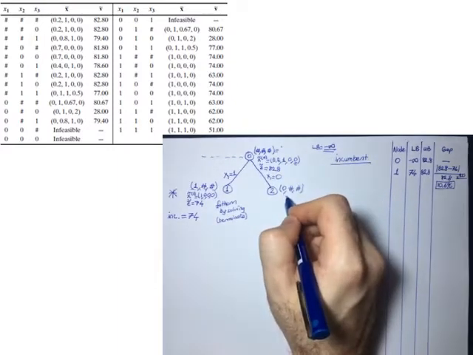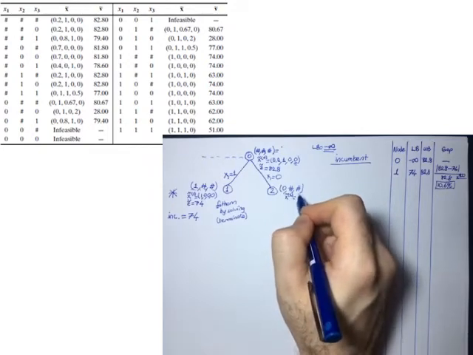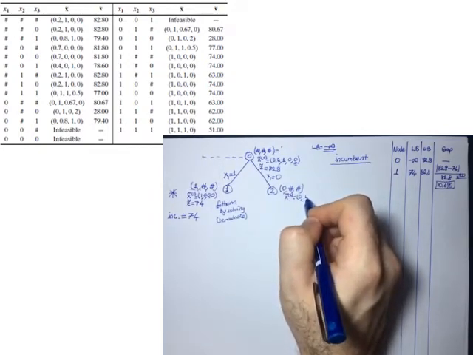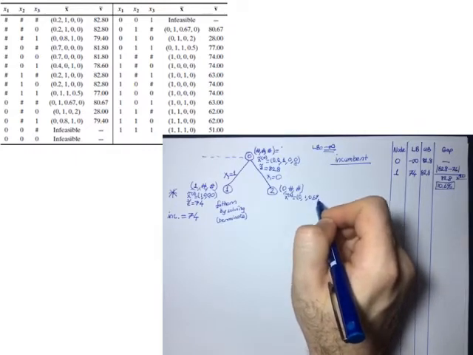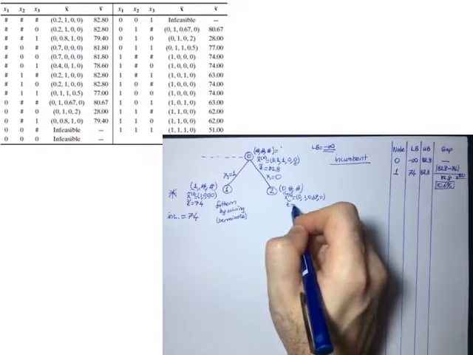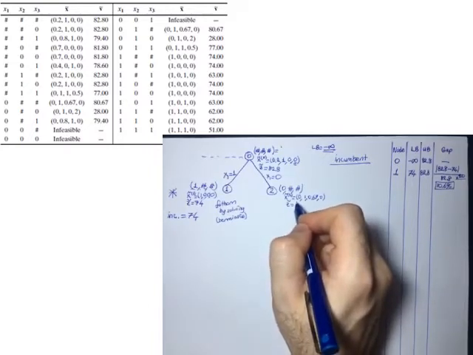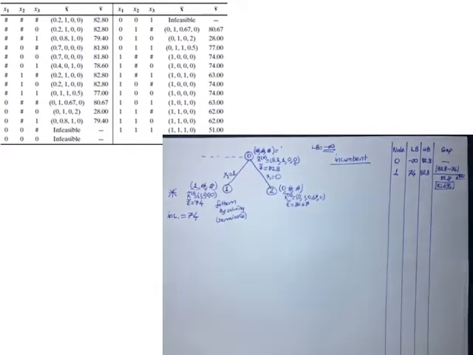I'm going to write x tilde 2 here, and its value is 0, 1, 0.67, and 0. And the z value is 80.67. Okay, good.